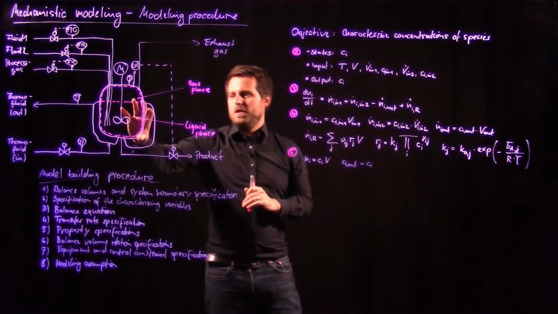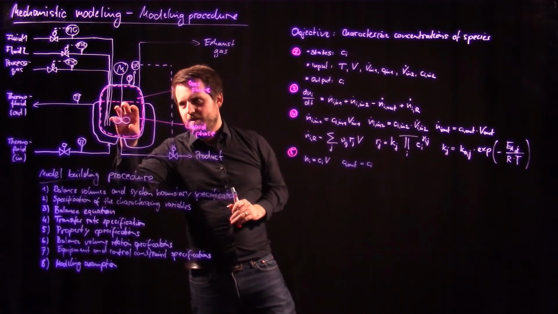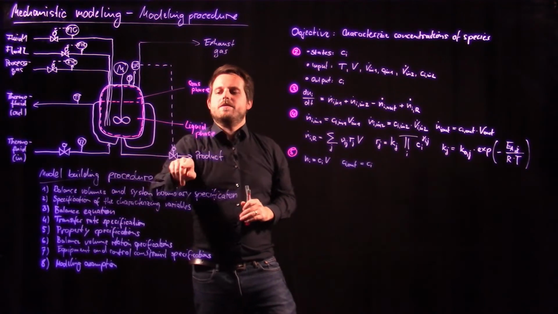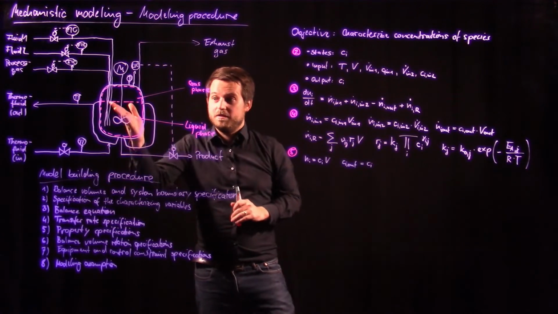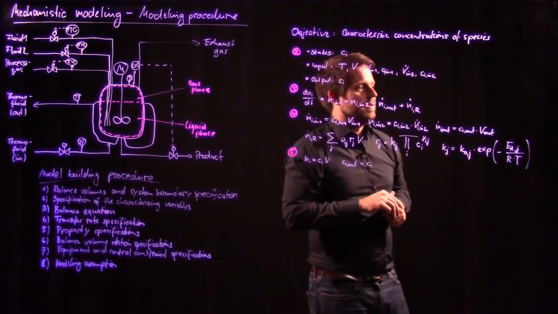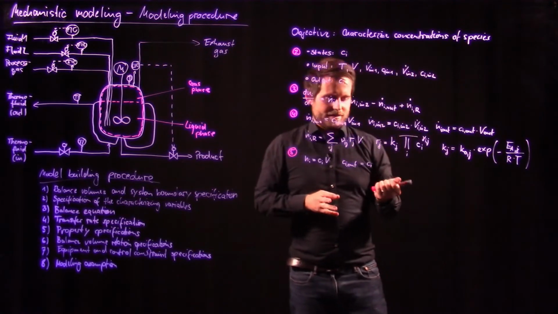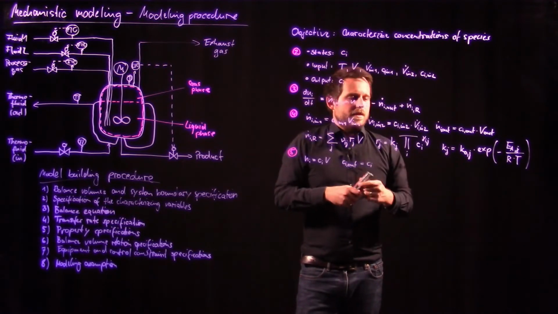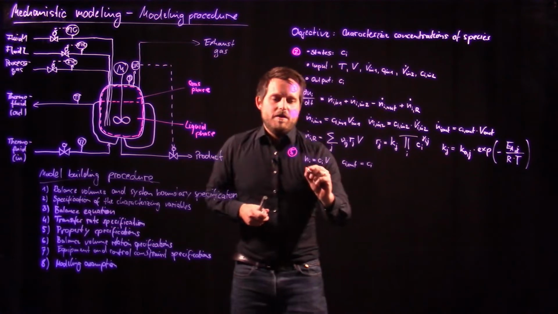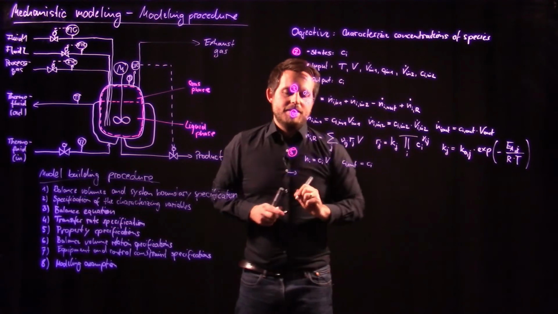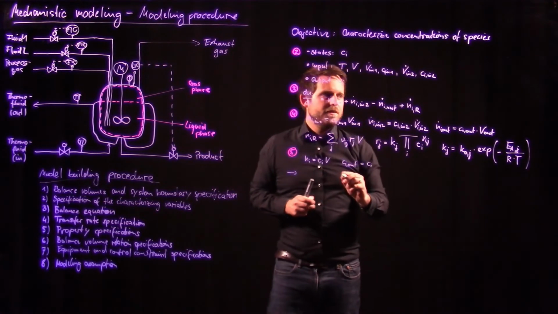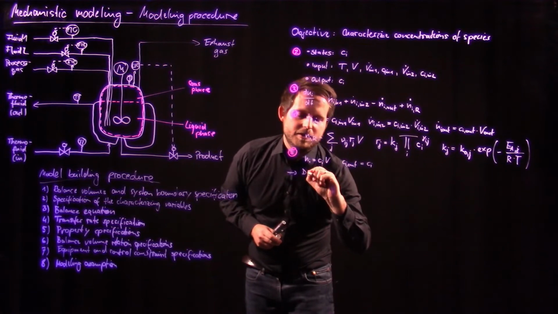So what is actually the concentration in here is assumed to be what is coming out here as well, which makes sense in most cases. So now we have all our ingredients at hand to combine them together and derive our model equation.